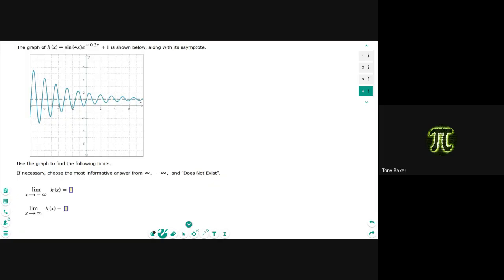All right, what about this one? What is the limit as x goes to negative infinity? Is it going to a specific spot?